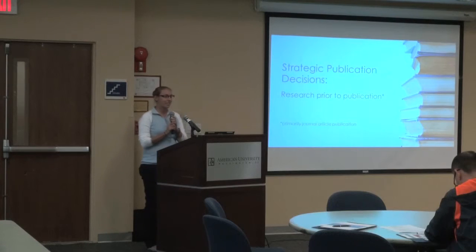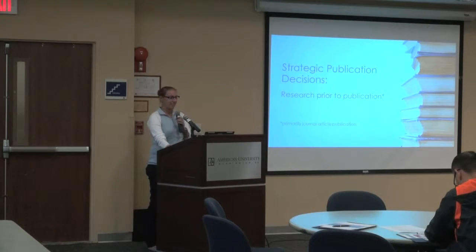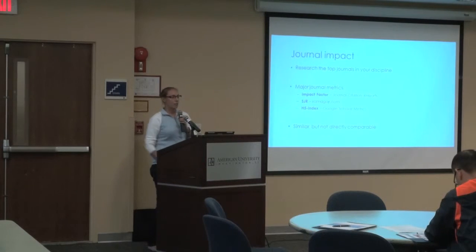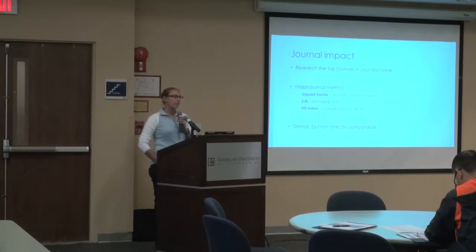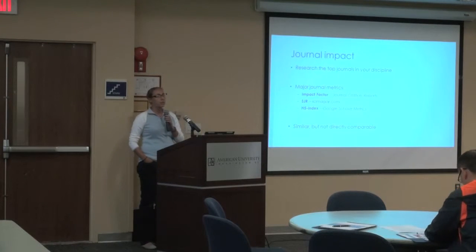All right, so strategic publication decisions, research prior to publication. This is the first step in maximizing metrics. One of the main ways to do that is to be looking at journals in your field and figuring out which are the ones that have the highest impact according to the metrics. There are a few major journal impact metrics.